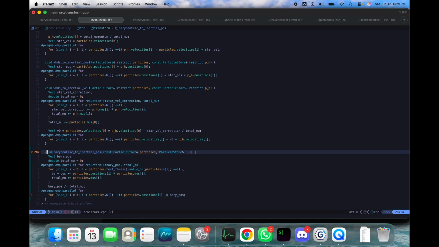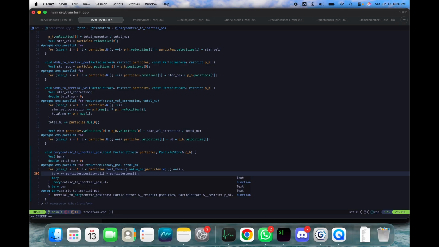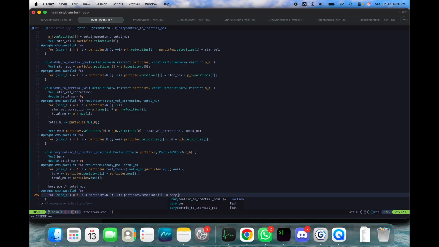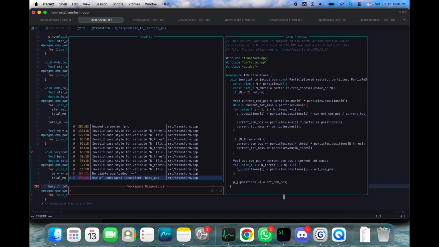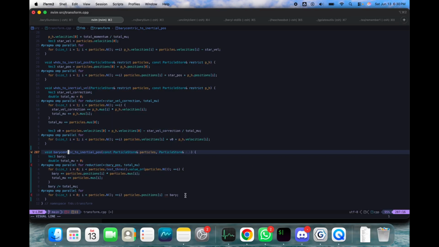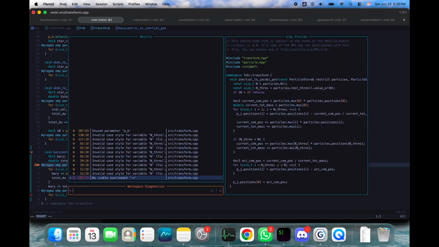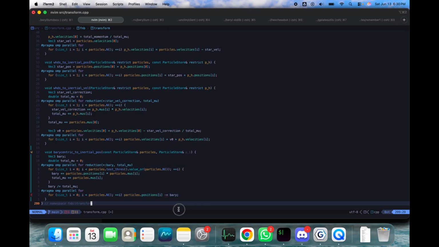And I think we're just going to take this generic because I'm about to copy this a billion times, so the variable is... okay, bary. What's there? Use of undeclared identifier bary_pos. Yeah, here, okay, there it is. What is it? No viable overload.